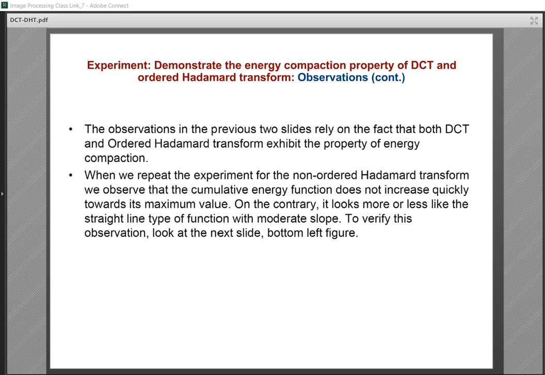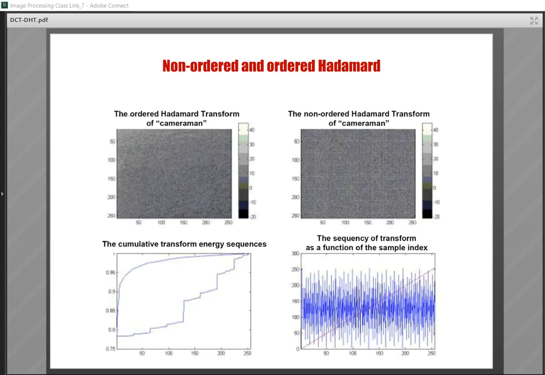Not as good as the ordered one. On the contrary, it looks more or less like a straight line type of function with moderate slope. We see in the next slide. To verify this observation, look at the next slide.